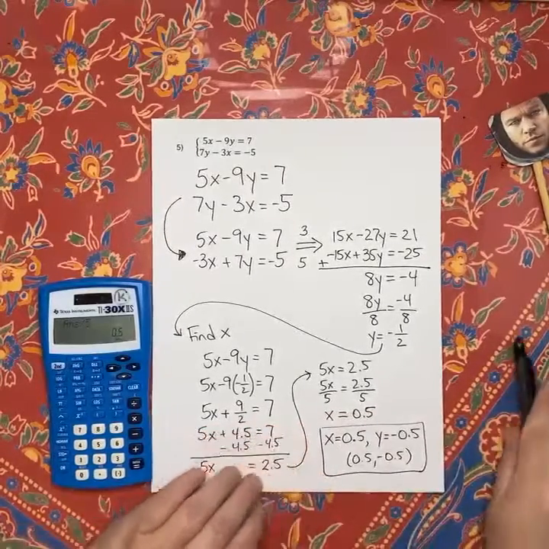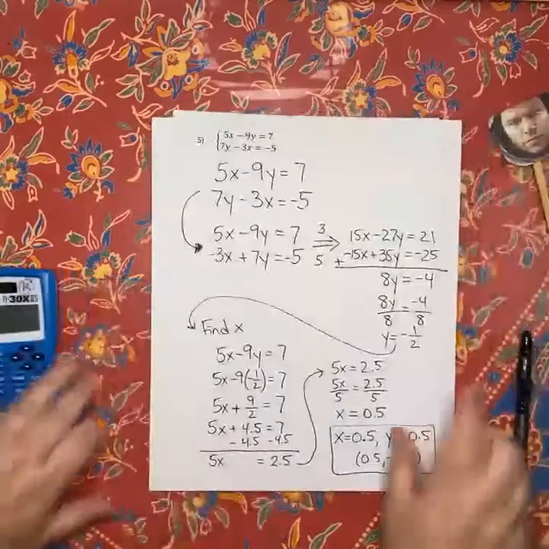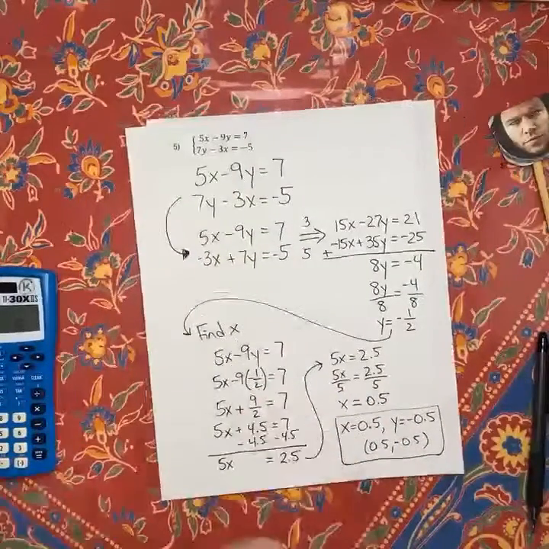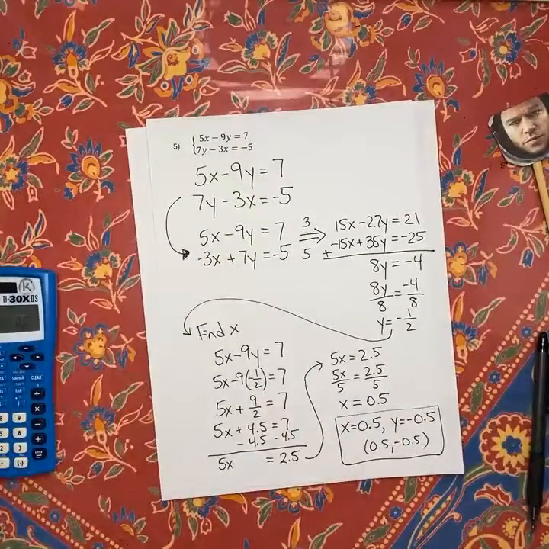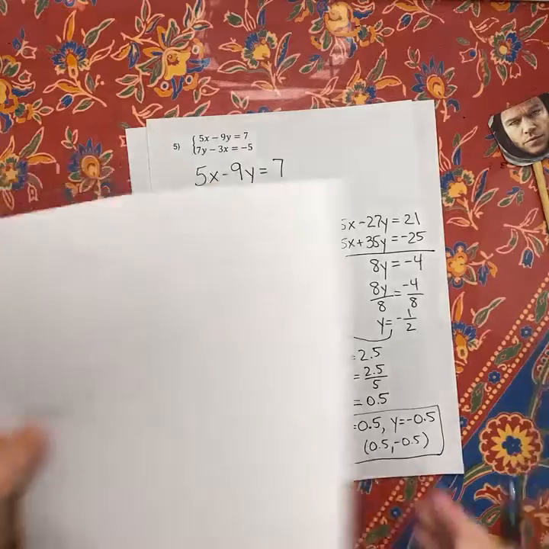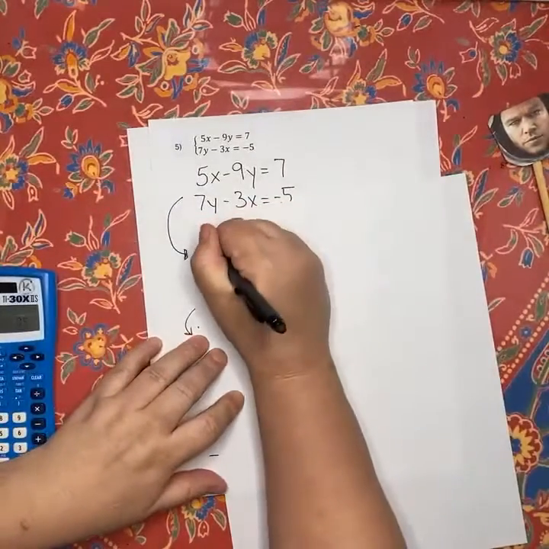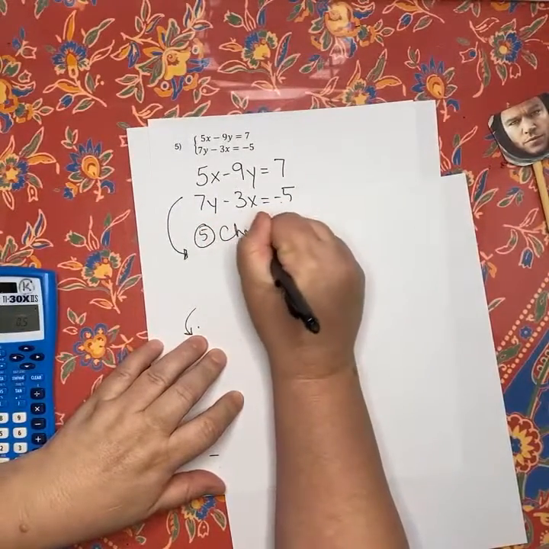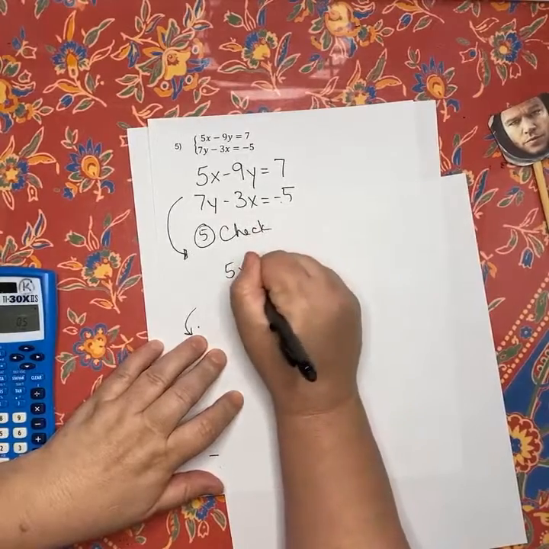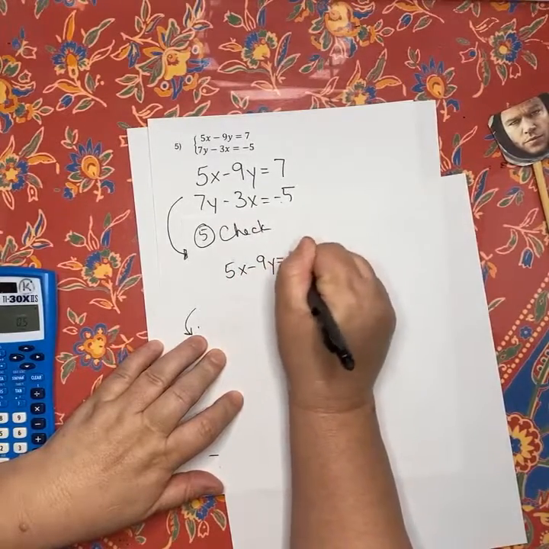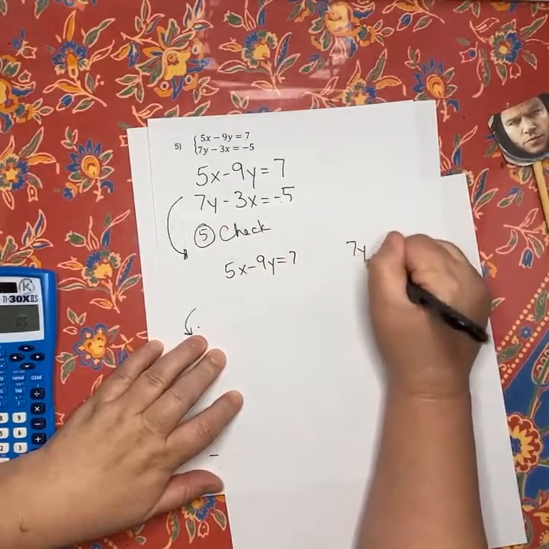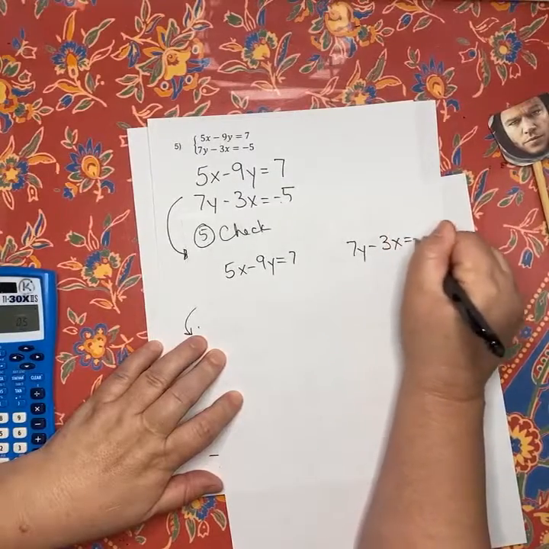Okay. Woohoo. Shall we go ahead and, where did I put all my extra paper? Let us go ahead and check. So for my check, I've got 5x minus 9y equals 7, and 7y minus 3x equals negative 5.